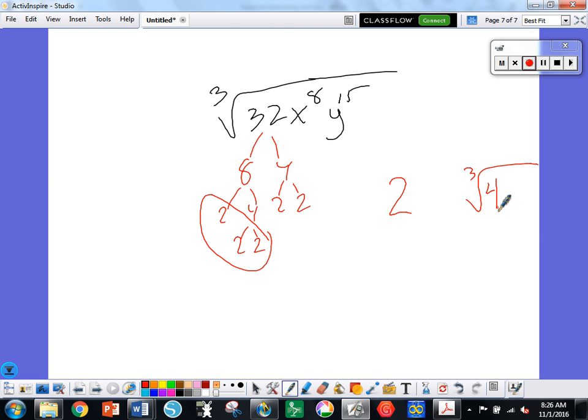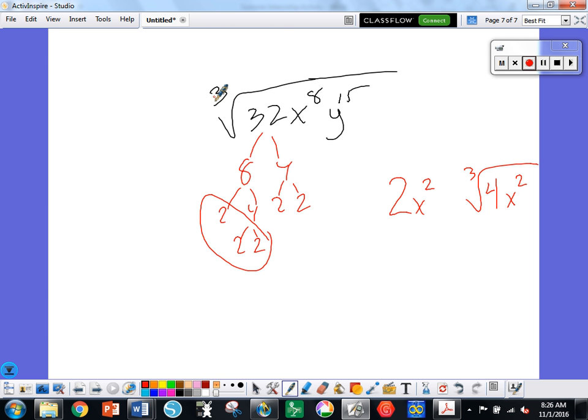Now, once again, we don't have to do 8 x's, do we? We can say to ourselves, how many times can 3 go into 8? Twice with 2 remaining. Right? So once again, I went to the x's.